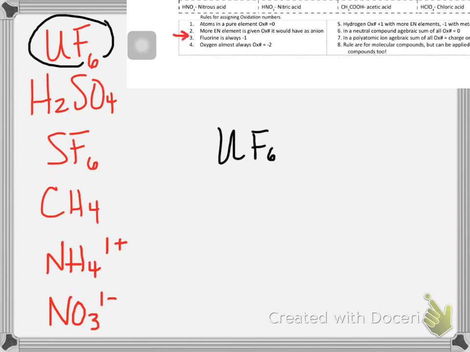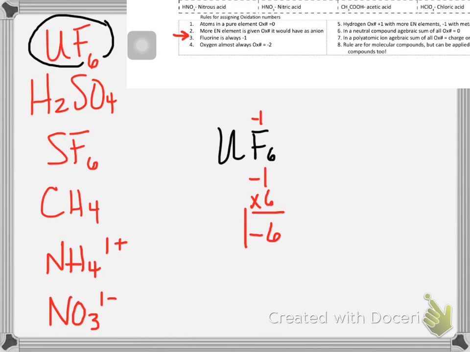Based on rule 3, fluorine always has a -1 oxidation number. Now, the thing is, I don't just have one fluorine. So what's the total negative oxidation state on all the fluorine atoms in this compound? Well, -1 times 6, because there are 6 fluorine atoms. So I have a total negative oxidation state of -6.